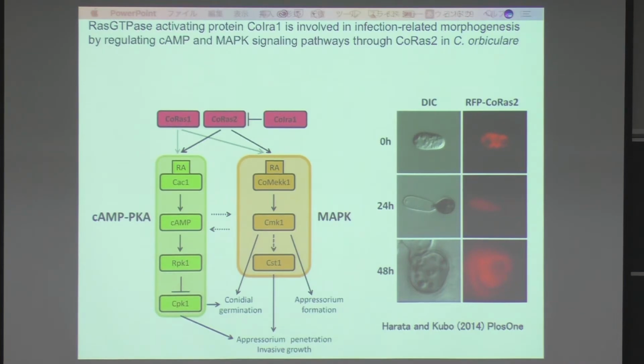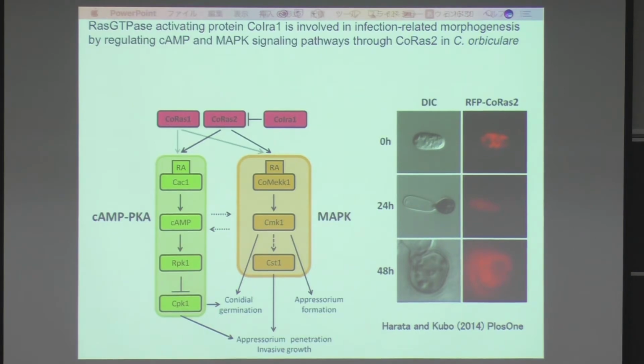In a previous study, the RAS GTPase activating protein COIL1 regulates the activity of RAS1 and 2 as an upstream regulator of the cyclic AMP-PKA pathway and a MAP kinase pathway. And RAS2 dynamically localized during appressorium development.